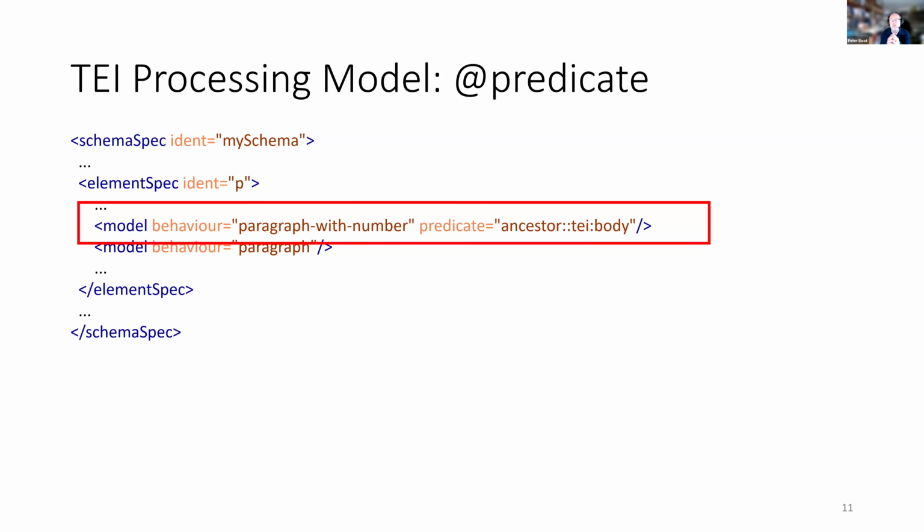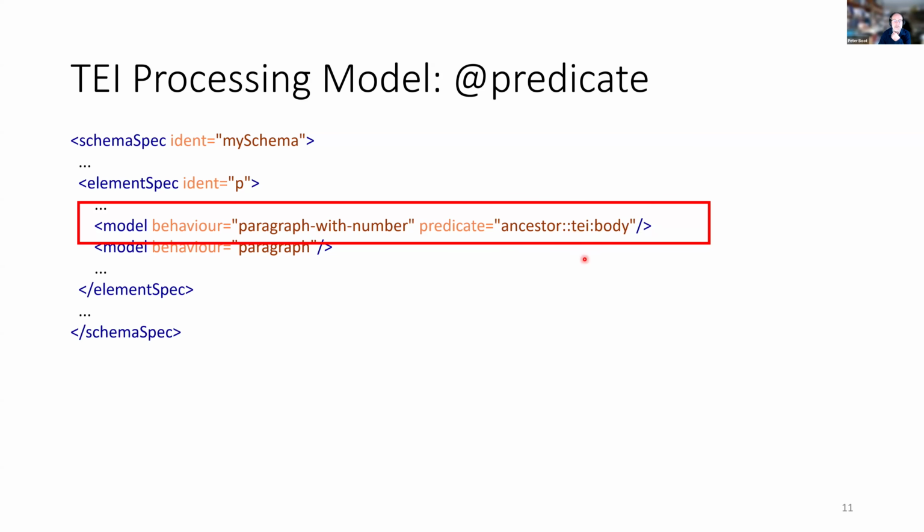Then we may want to distinguish between various occurrences of this TEI P element. Some of them may need a different behavior than other occurrences. So in that case, we can use the predicate attribute. Predicate attribute again has an XPath expression as its value.